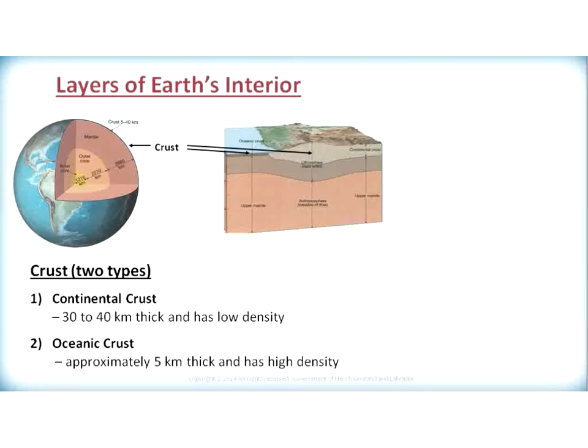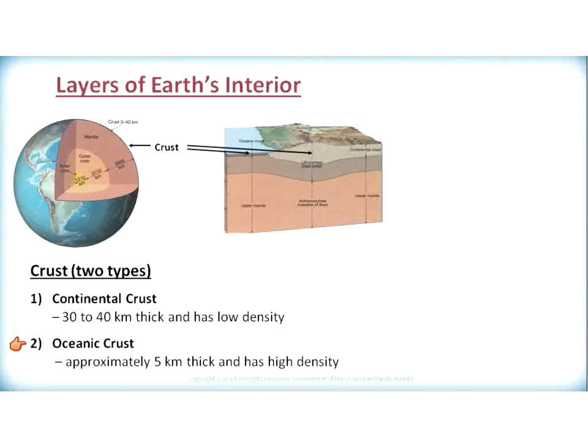The crust is one part of the lithosphere, and there's two types of crust. First, we have the continental crust, which extends from approximately 30 kilometers to 40 kilometers thick and has a very low density. Beneath that, we have the ocean crust, which is only approximately 5 to 7 kilometers thick and has a relatively high density.